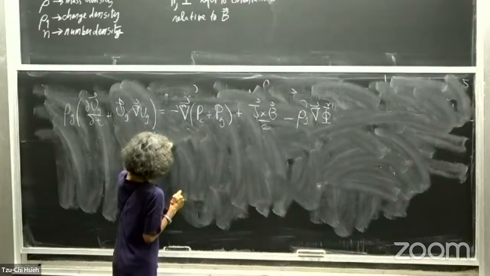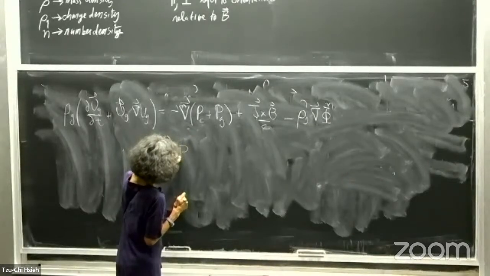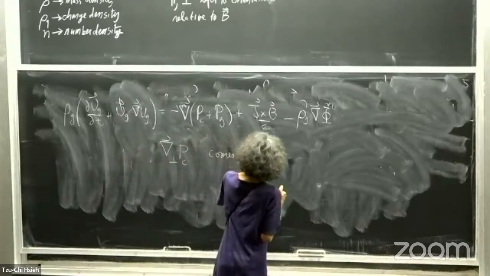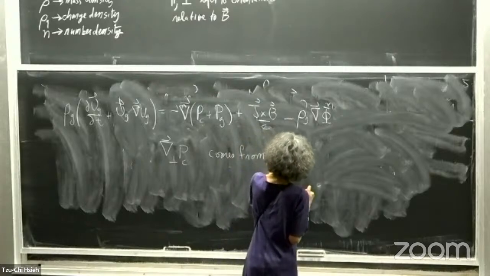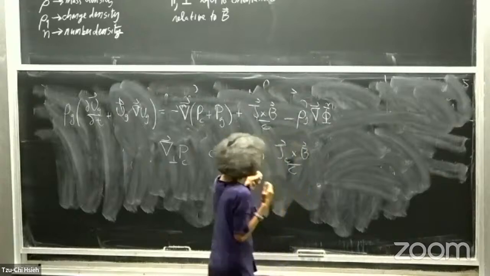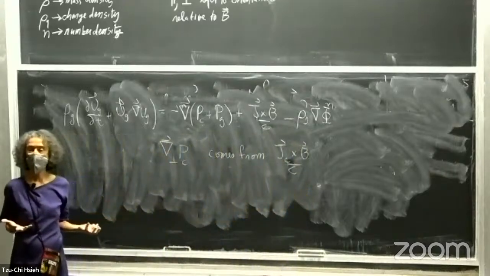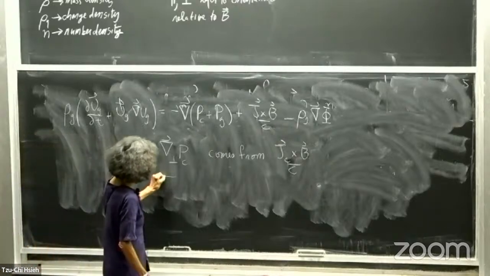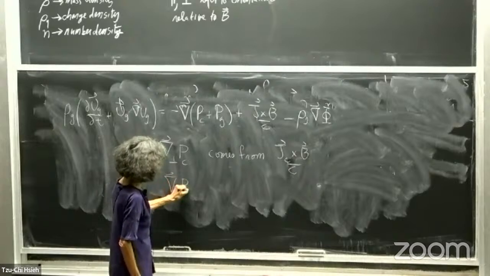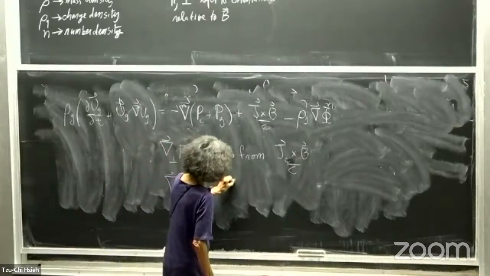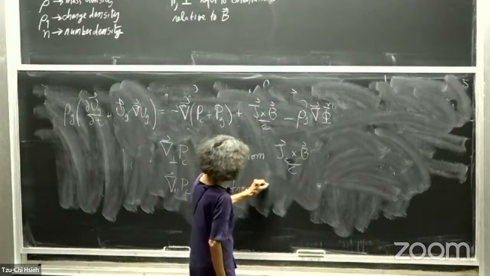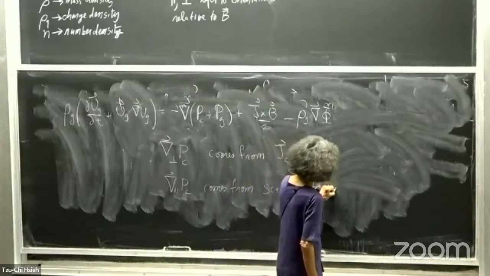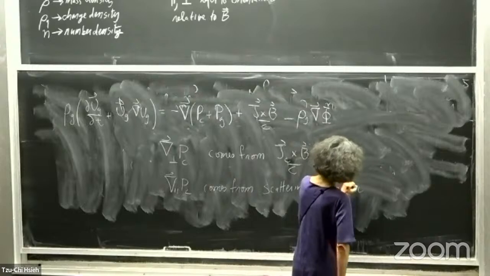The grad perp P cosmic ray comes from J cosmic ray cross B over c being combined with the gas current to give the total current, which we can then replace using Maxwell's equations, and the grad parallel of P_c comes from scattering by magnetic fluctuations.